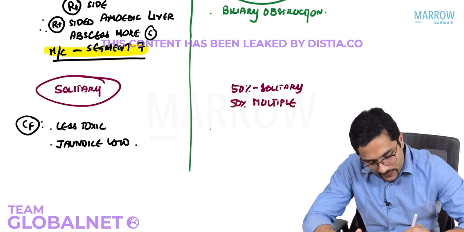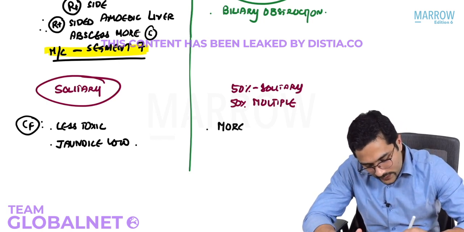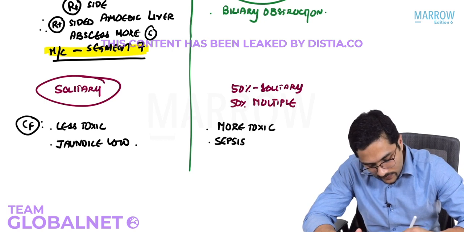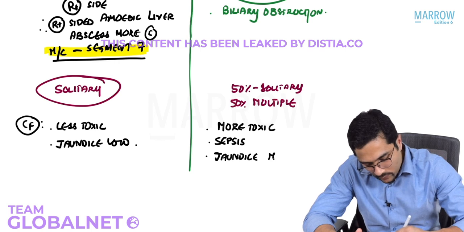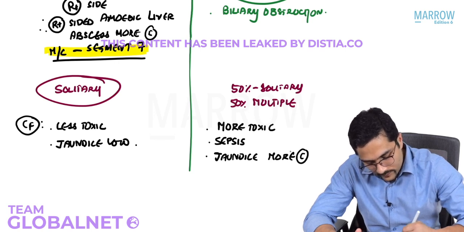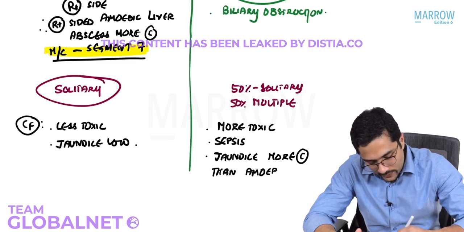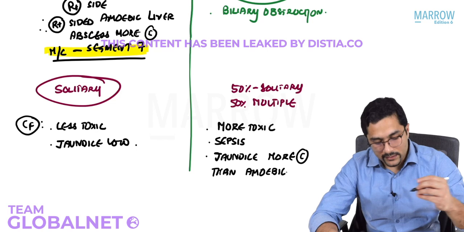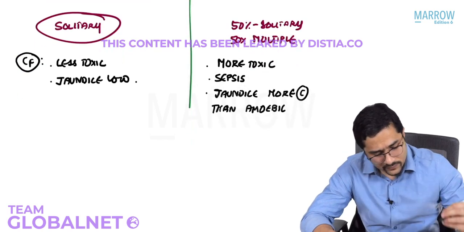Whereas in pyogenic liver abscesses, the patient is more toxic, more sick. There are chances of sepsis as well, and jaundice is more common than in amoebic liver abscesses.